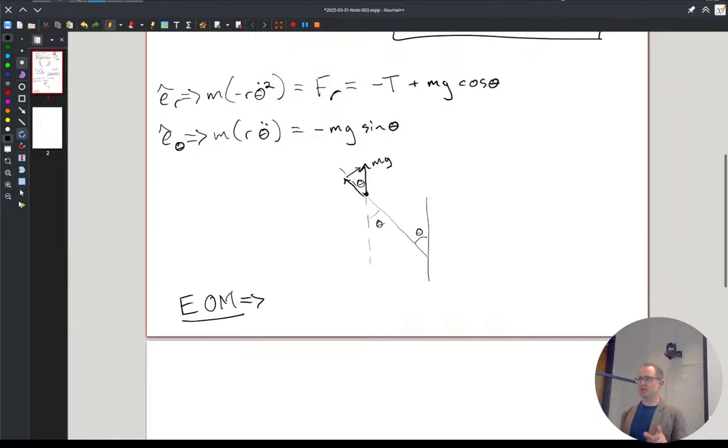What is describing this system? How do we describe the motion of this system? I just want to check in and see how people think about that and approach it.